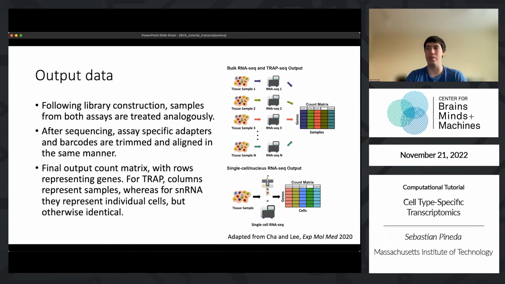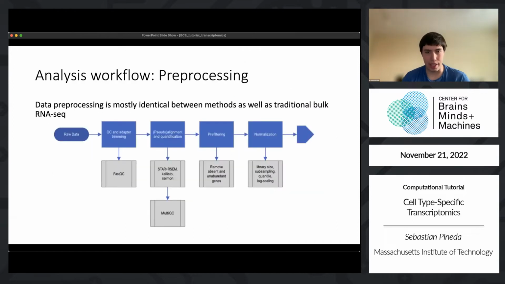The output, when somebody says, here's the data, please analyze it, is effectively identical across both assays. You get a matrix where your rows are the genes that you captured and your columns are your samples. In the case of TRAP, one per sample, one per animal, or in the case of single cell, the columns represent the individual cells. But the format of the data itself is exactly the same. And once we're done curating the data at a later step, then they're actually identical. I'll show you what that looks like.